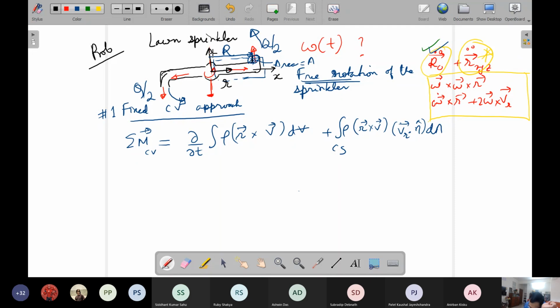Perhaps we can call this the y-axis, and perpendicular to the plane of this figure, we can put up the z-axis. So this is 0, as we have just mentioned. Now let us write this one separately.